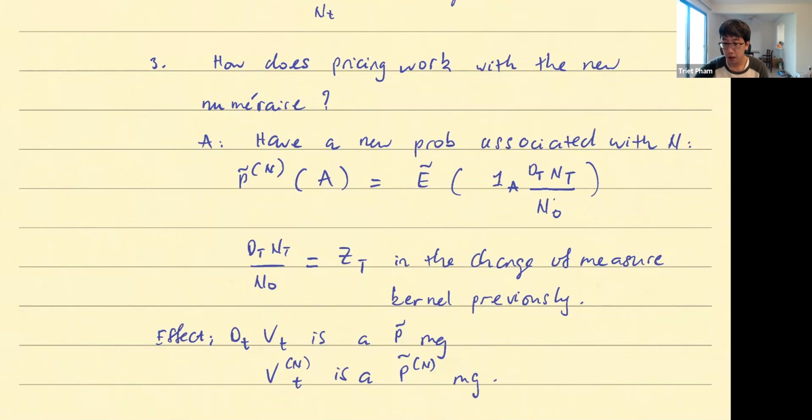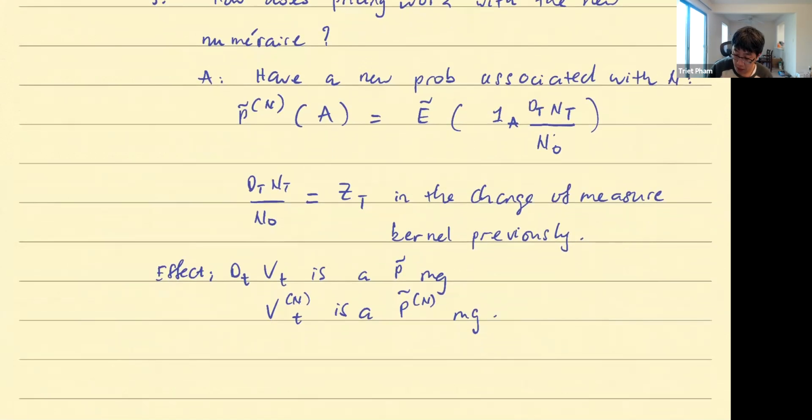But I guess the first question of the day: do you see why there's no discounting when we look at the new one under the new numeraire? There's no discounting remaining, which obviously leads to the pricing equation like this.